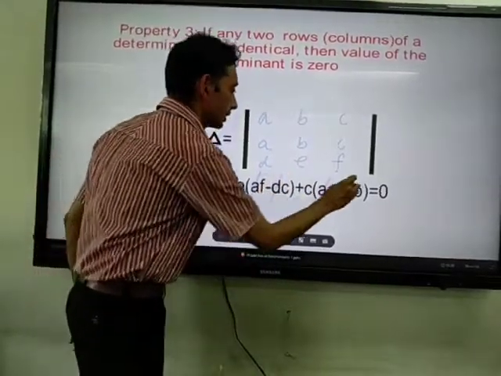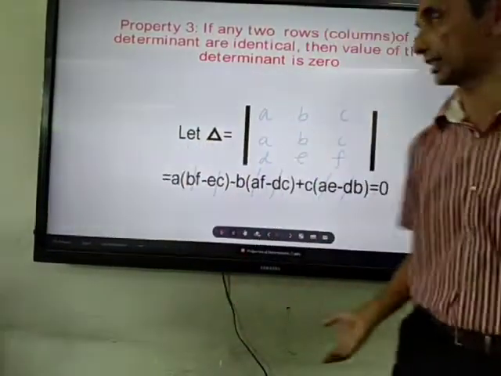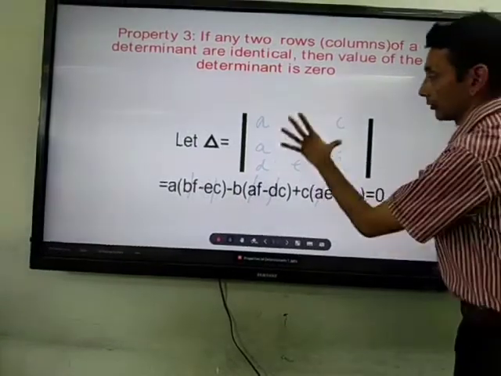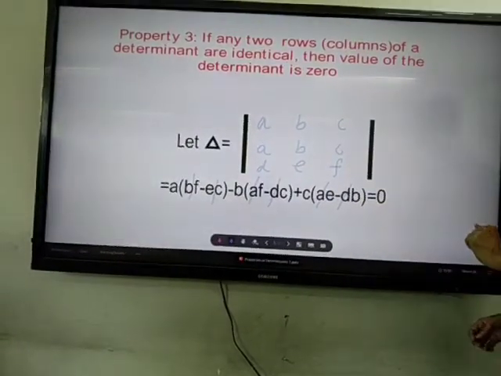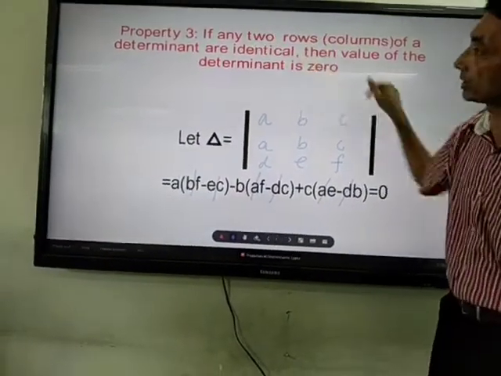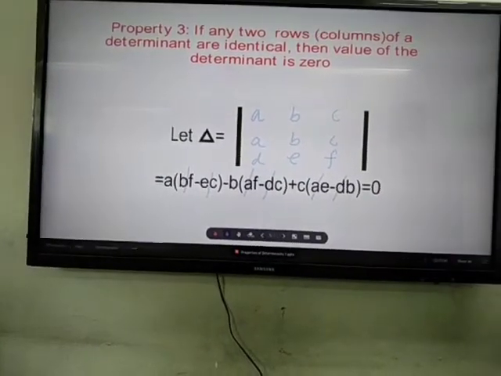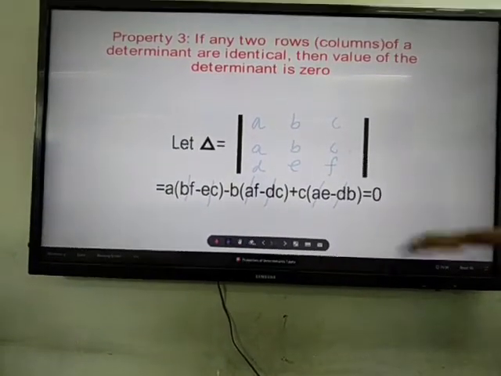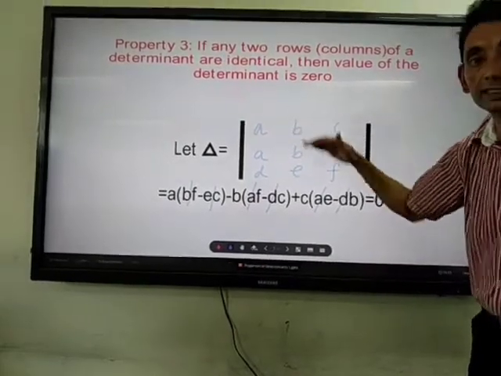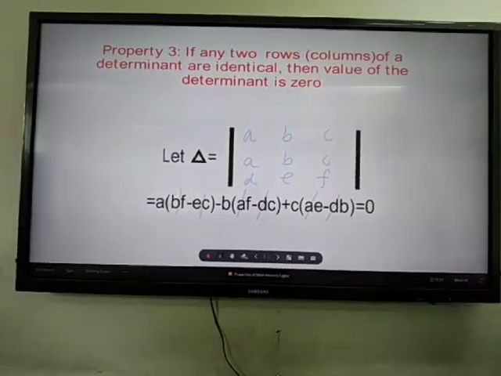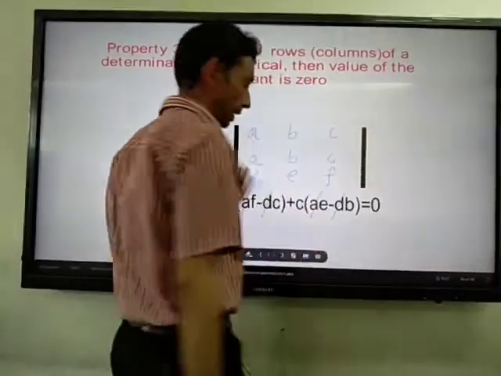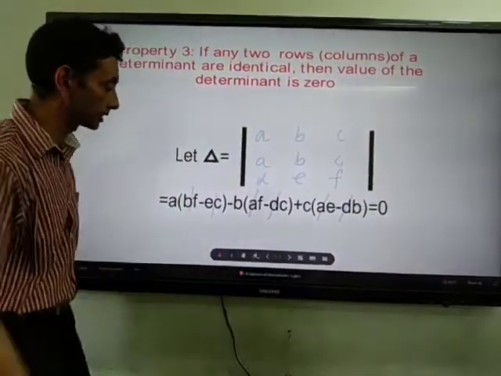So obviously these two terms will also cancel out. Finally the value of the determinant is 0. So we can repeat this property: if any two rows or columns of a determinant are identical, meaning the values are the same, then the value of the determinant is 0. That is a verification with the help of a simple example.